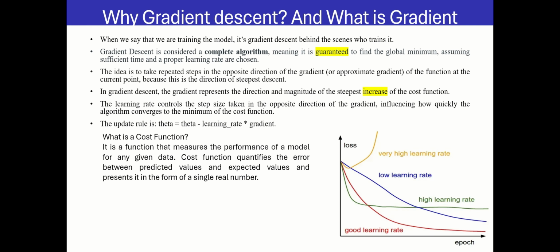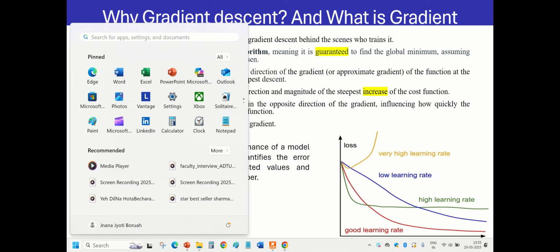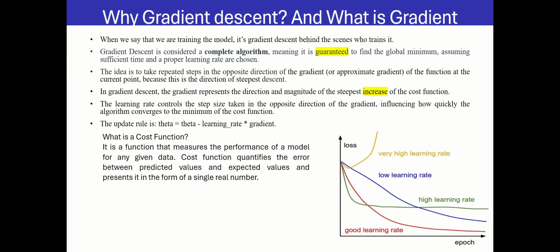Gradient descent algorithm is further of three subtypes. Gradient descent uses the slope, the direction in which the cost increases, as we will see.